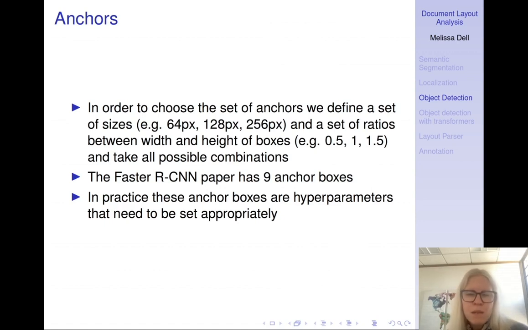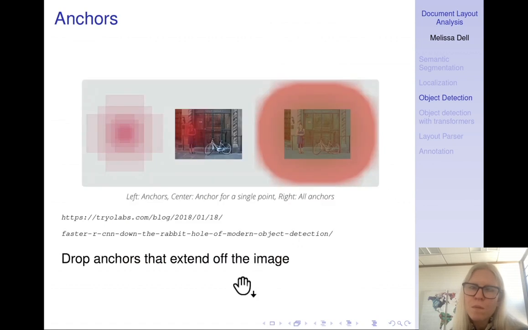This might matter, so for example, if you have a column detection model and a document with long, skinny columns, you're going to want to adjust the aspect ratios of your proposal regions to account for that, because you don't have many long, skinny objects in COCO, which is the dataset that a lot of object detection focuses on as the benchmark, but you do sometimes get that in documents, so it's important to pay attention to these hyperparameters.